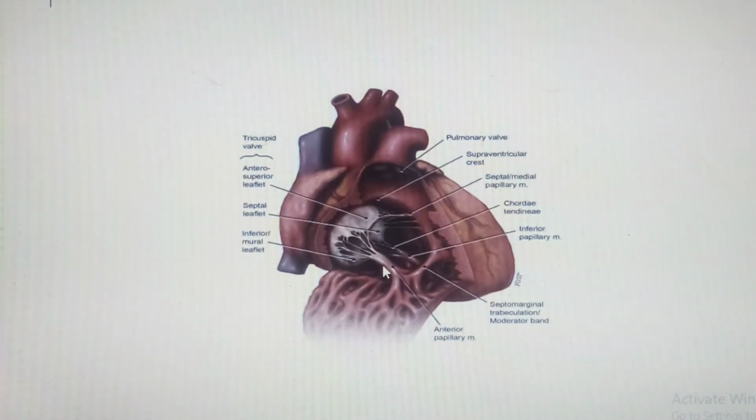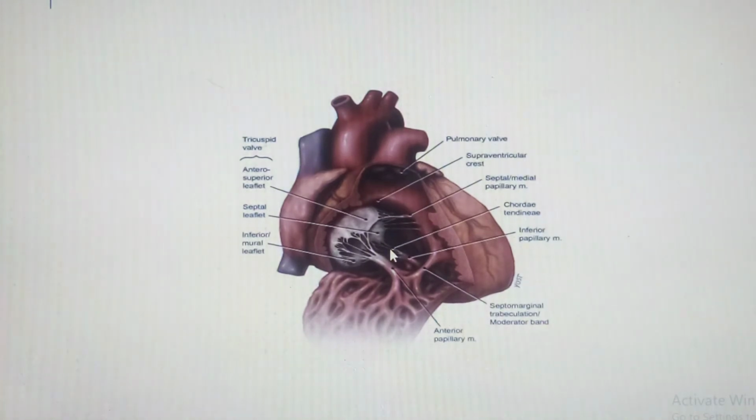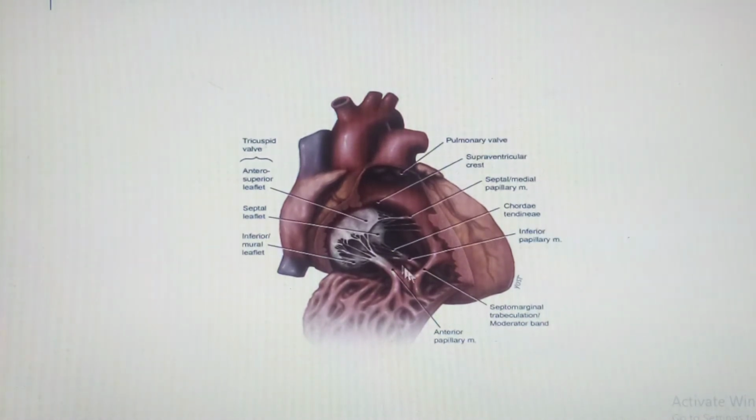There's going to be the anterior portion, the inferior portion, and of course the posterior portion of these papillary muscles, and they will be connected to the cusps of the tricuspid valve by tendon-like structures which we call chordae tendineae.